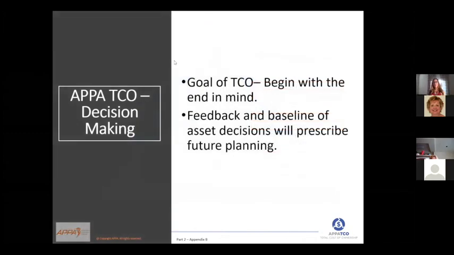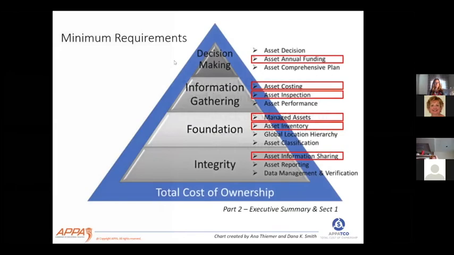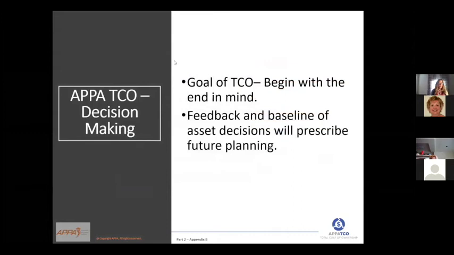All right. So we always begin with the end in mind first. And so I'm going to start with decision making, which again, if you remember, that's right up at the top. And so what we want to look at is what are the decisions that you want to make with total cost of ownership? And it goes back to those questions. Do you want to have a new building?